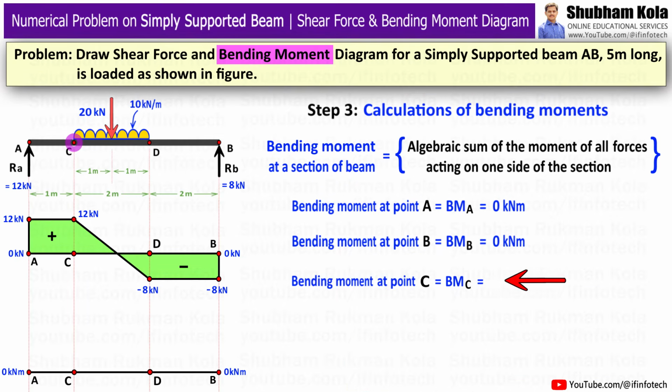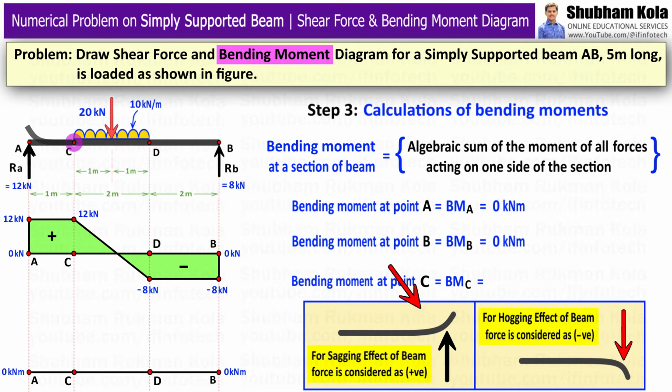So first, to calculate bending moment at point C, that is BM suffix C equal to, here at the left hand side of point C, there is reaction force Ra of 12 kilonewton, which is acting on the beam in the upward direction. Due to this force, the beam shows sagging effect, and for sagging effect of the beam, I will consider this force as positive.